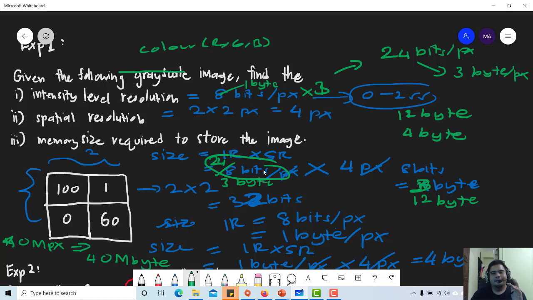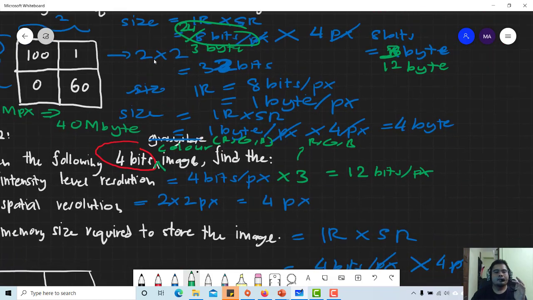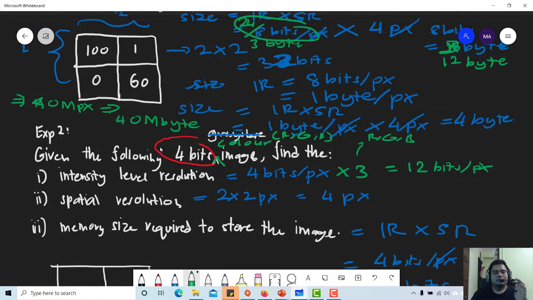So remember, the change is because the RGB color image has 3 layers. That's why the intensity level resolution you must multiply by 3. If this changes, then the memory size also changes, because the intensity level resolution is now changing. But the spatial resolution is similar. The same goes for this one, because 4 bits per pixel is just 1 layer.